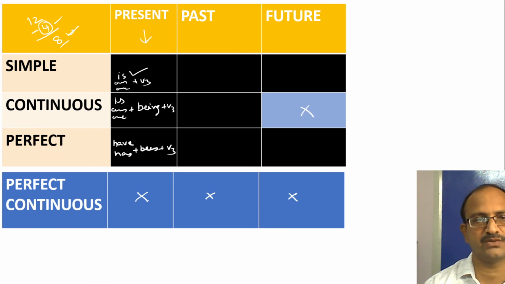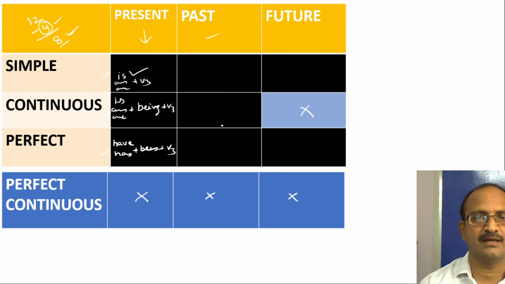So today in this video, I explained simple present tense, present continuous tense, and present perfect tense. There is no passive for perfect continuous tense. So that means the present tense category is over. You understand? In my next video, I will explain how we change the past tense category of sentences from active voice to passive voice.